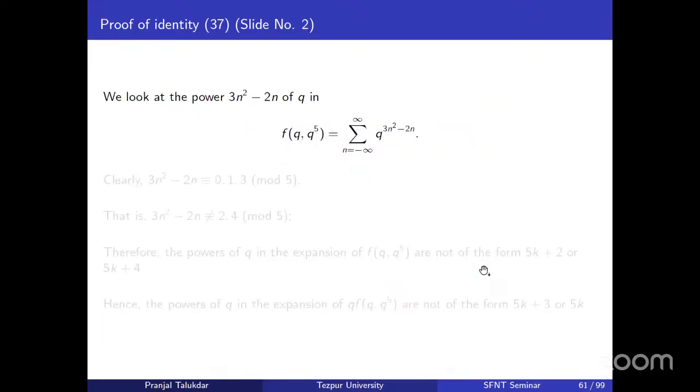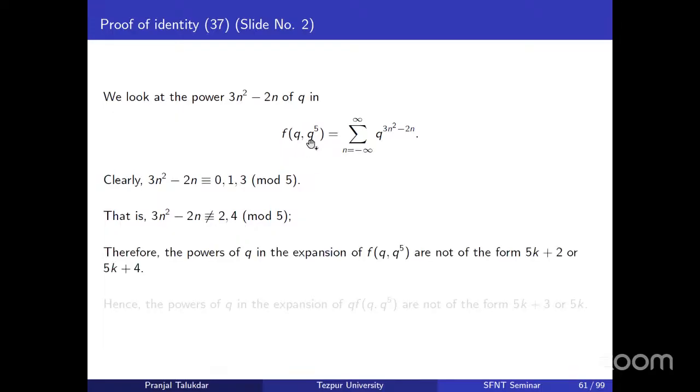Next, we look at this power 3n square minus 2n. It can be easily observed that 3n square minus 2n can only be congruent to 0 or 1 or 3 modulo 5, which means that it cannot be congruent to 2 or 4 modulo 5. Since this series contains only powers of q of this form, the powers of q in this expansion cannot be of the form 5k plus 2 or 5k plus 4.